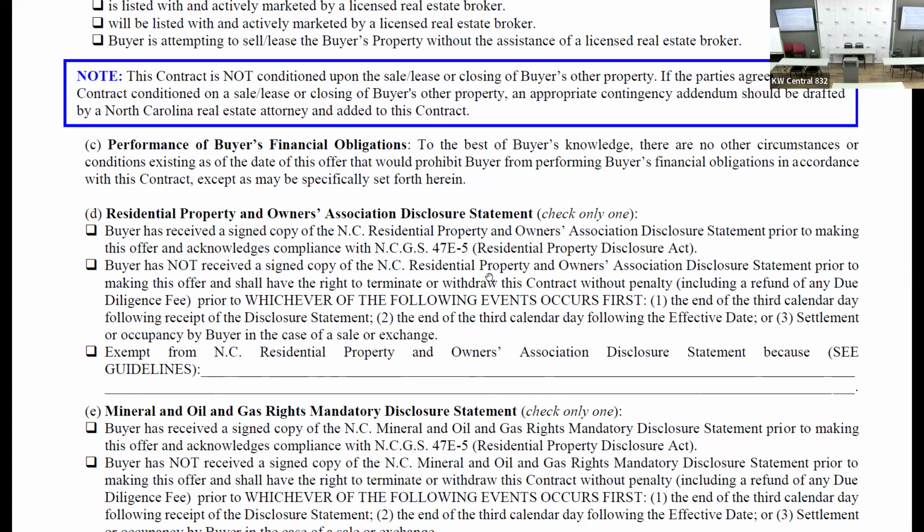If they've not, then the listing agent has 3 days for the buyer to get it to you, for the buyer to review, or they can unilaterally terminate the contract. There are some exemptions, and I'm getting ready to go through them.